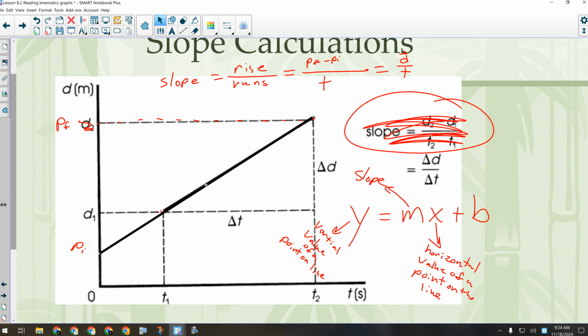X is the horizontal value of the same point on your best fit line.